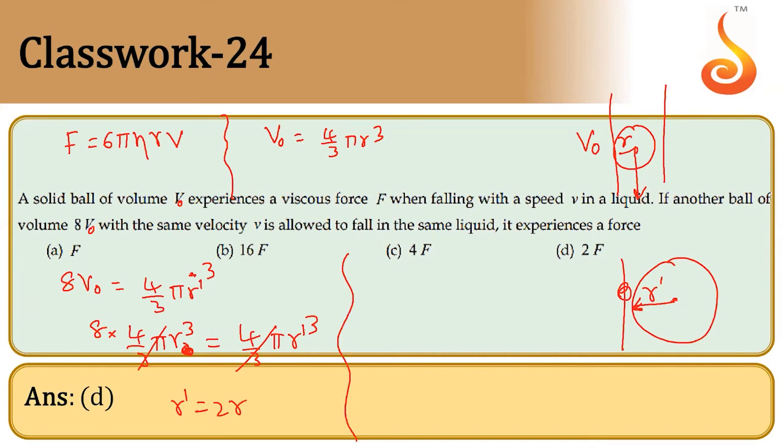So if the volume of the second solid sphere is 8 times the volume of the first, then the radius of the second sphere will be twice the radius of the first. Now what will be the viscous force on the second one? 6 is same, pi is same, eta is same, r is 2r, and same speed v. So F dash is equal to 2 times F. That's it.